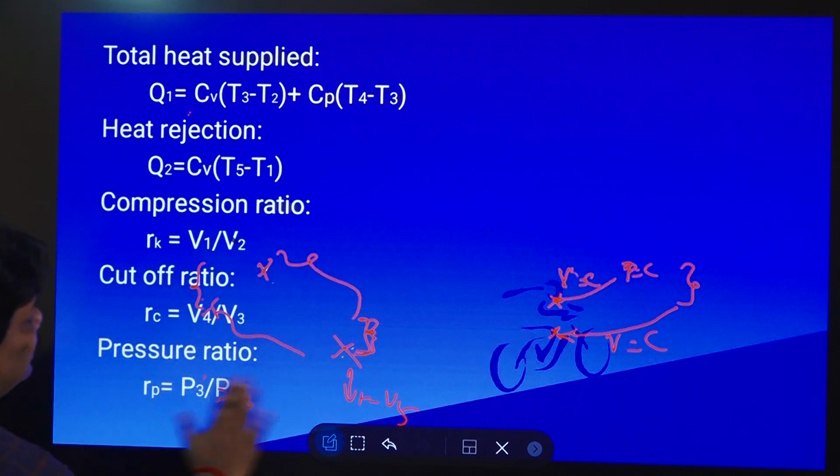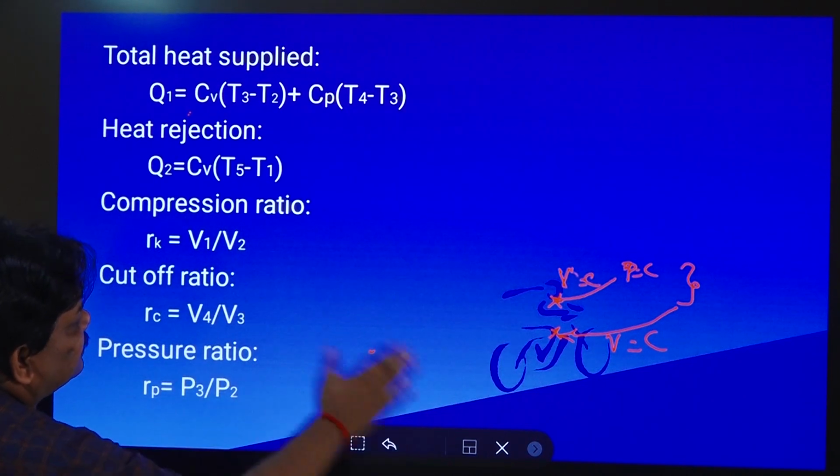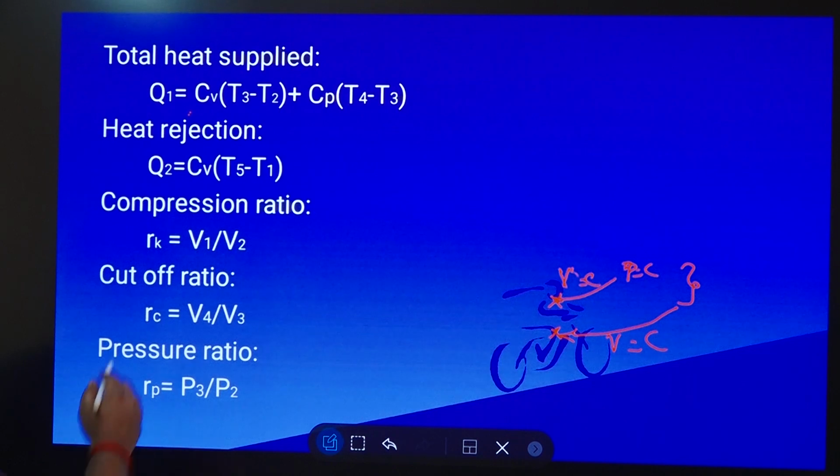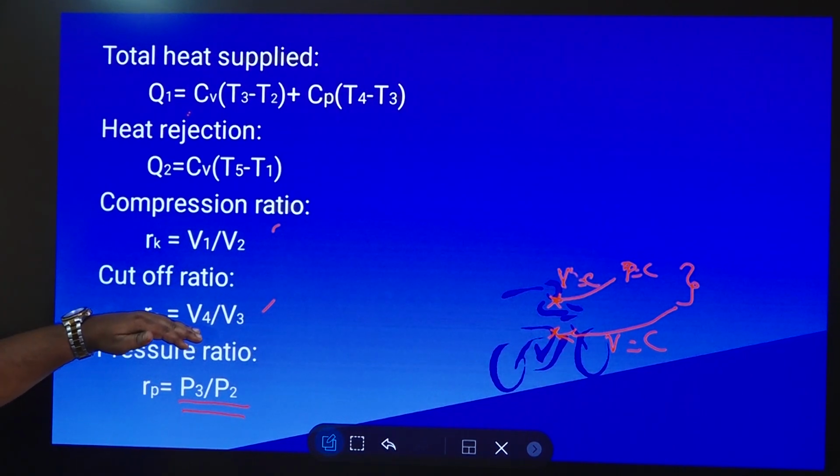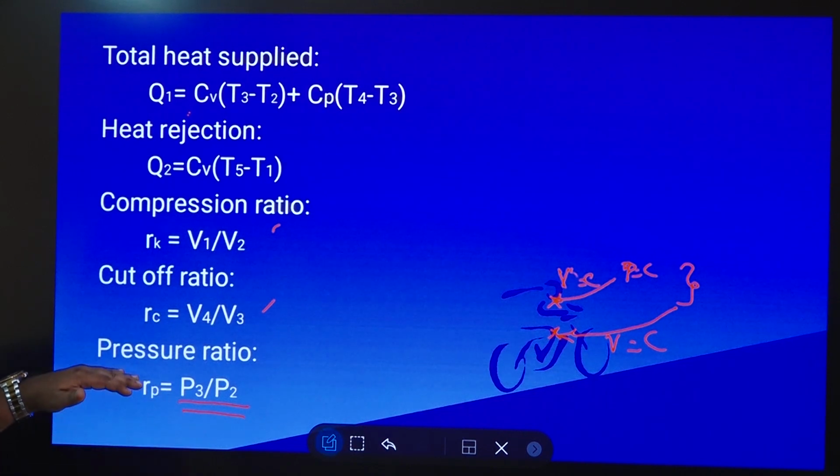In the earlier cases of the Otto and diesel cycle, we have the compression ratio and cutoff ratio, and here one more ratio is added, that is the pressure ratio, P3 by P2. The compression ratio r is equal to V1 by V2, the cutoff ratio rc is equal to V4 by V3, and the pressure ratio is P3 by P2.